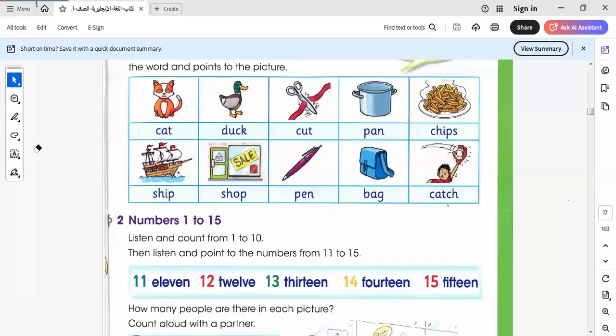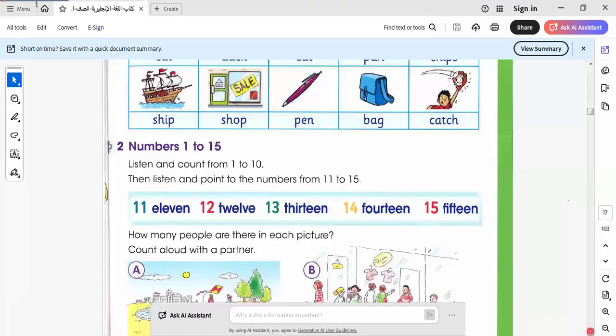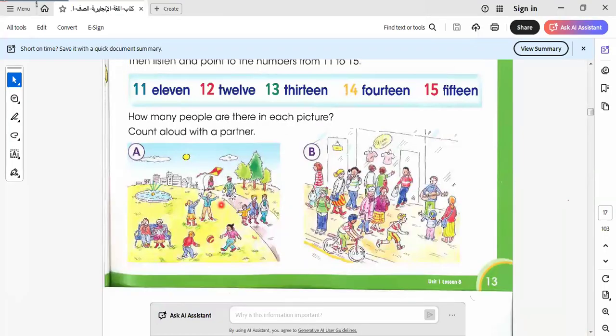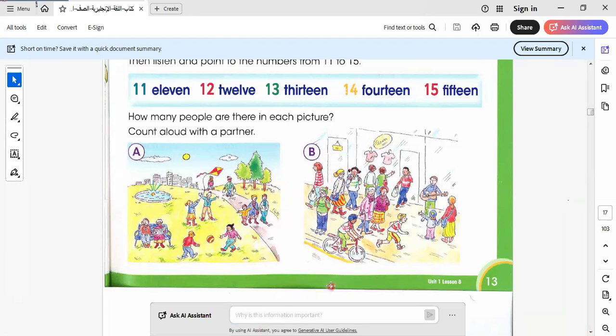Here we learn how to write the numbers in letters: 11, 12, 13, 14, and 15. Let's continue the rest of our lesson. How many people are there in each picture? I can count one picture, and I leave you to count the next one.